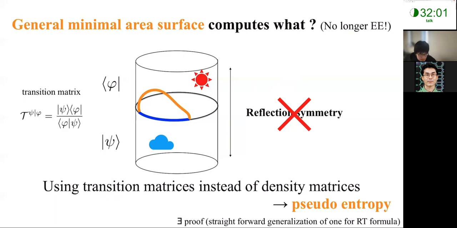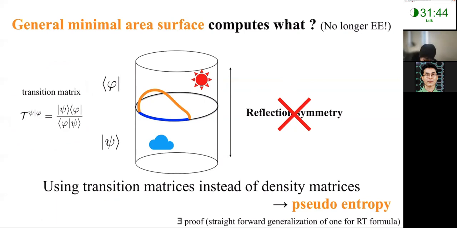But from this intuitive argument, it's almost obvious. All we need to do is just replace the density matrix with the previous transition matrix and compute the von Neumann entropy. So in this way, we come up with the idea of the pseudo entropy.